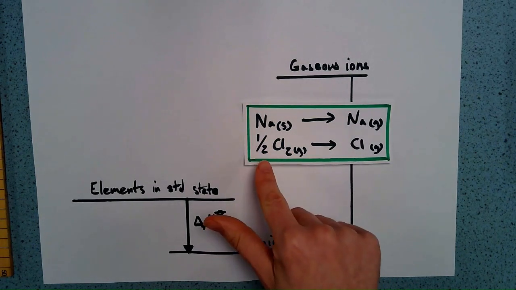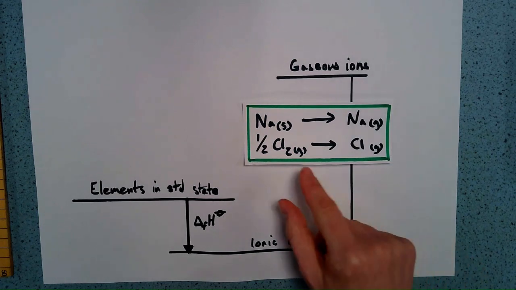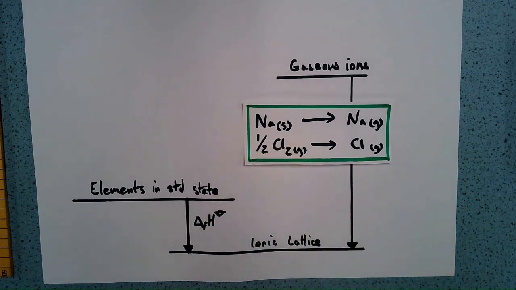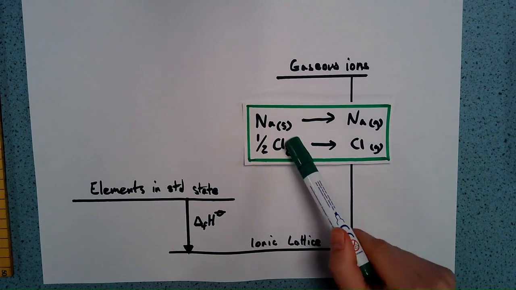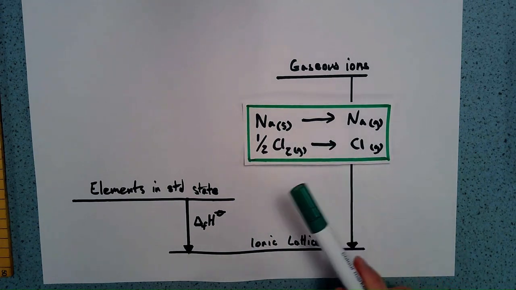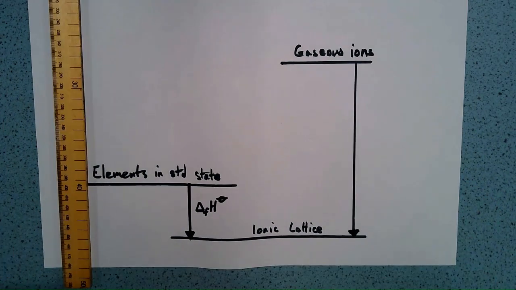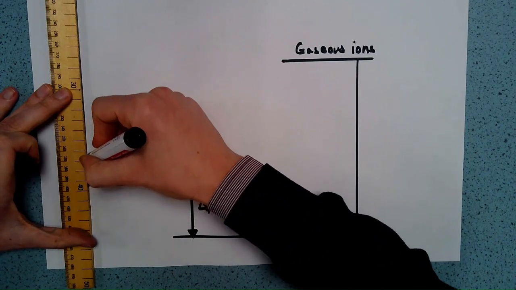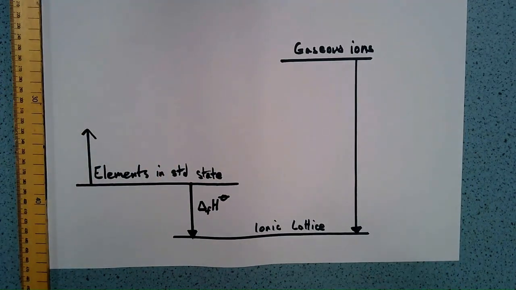And then the chlorine, we can do the same. We can take half a mole of chlorine gas. We need to put enough energy in to break the bonds between the chlorine atoms, so we're breaking apart the chlorine molecule, and that's going to give us Cl gas, just as single atoms. So obviously that's going to take quite a lot of energy. We're going to need to put energy in, so the arrow is going up.